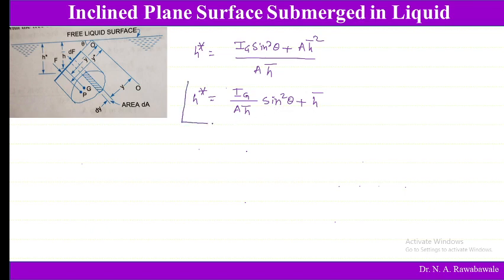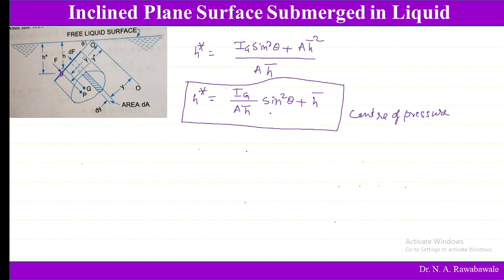So this is the center of pressure. So this equation gives us center of total pressure or center of pressure. So this vertical distance of center of pressure is h star, which is given by this equation for the inclined surface submerged in a liquid.